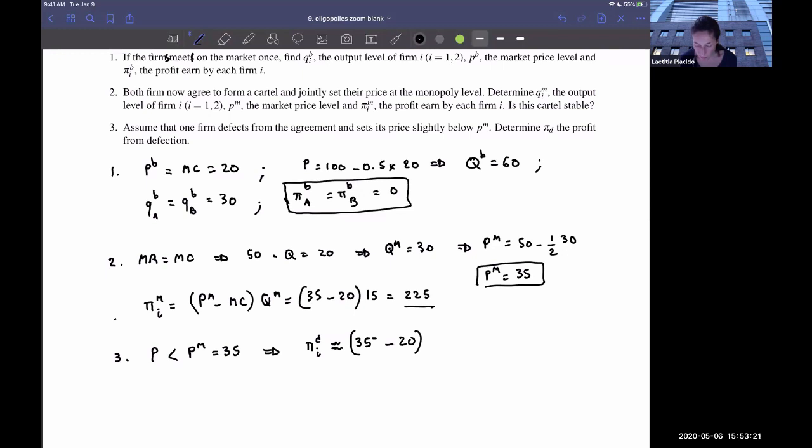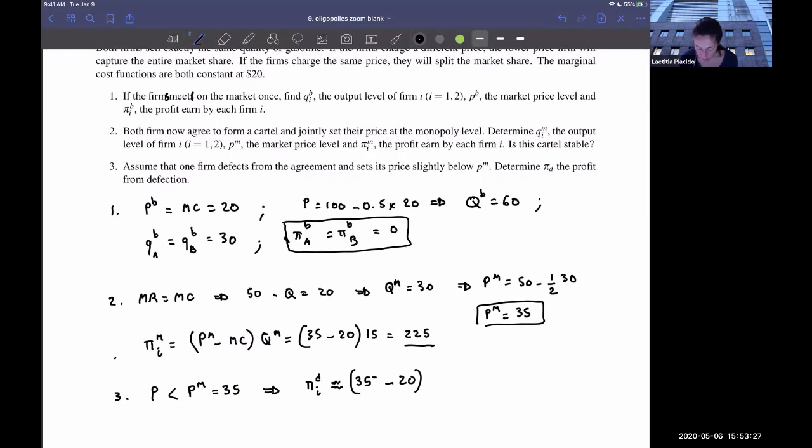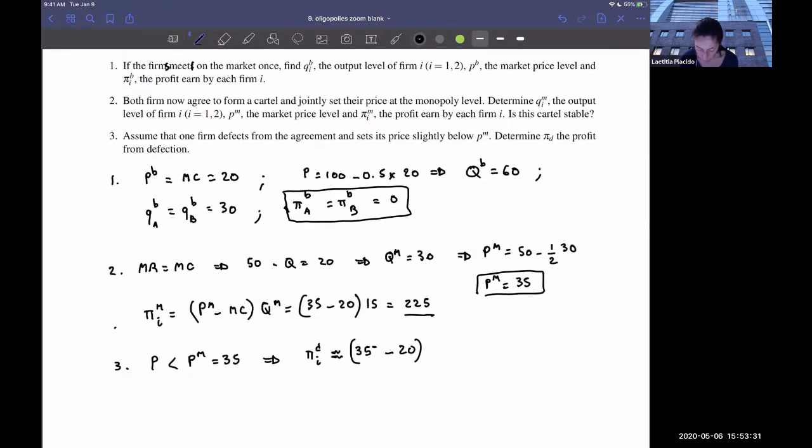So what is all the market demand here? When the price is 35, that's the monopolist demand, so total market demand here is 30. So the profit from deviation here is going to be 450.